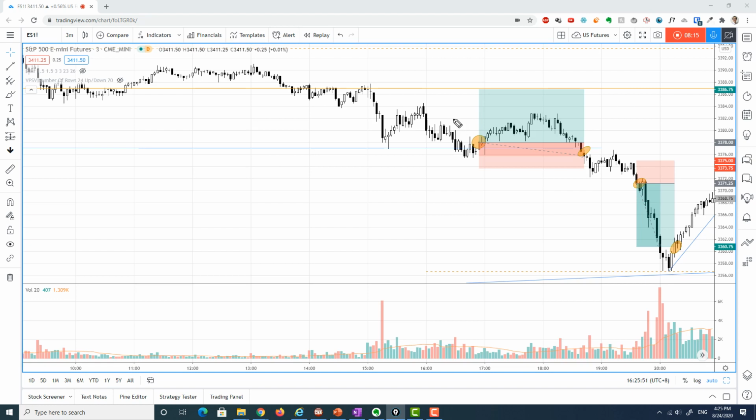So this is the supply zone. Right after that, we have a test here followed by a rejection bar, and the reaction comes. So I just exited the long trade right at the breakdown bar here.